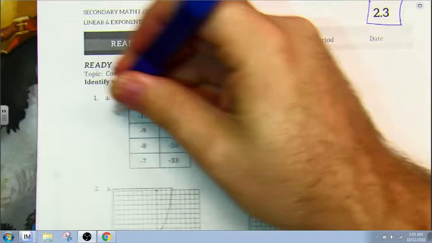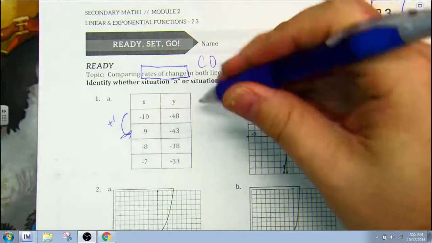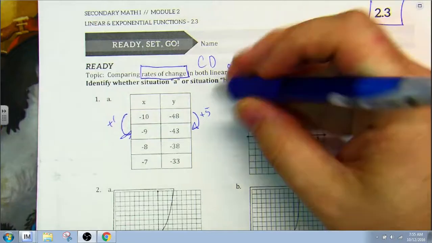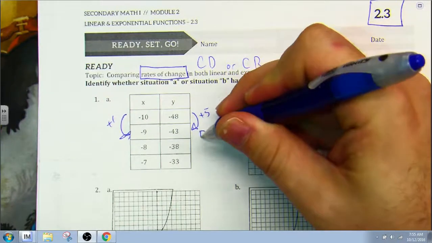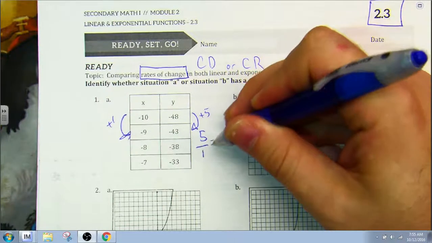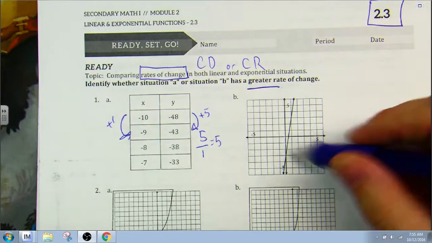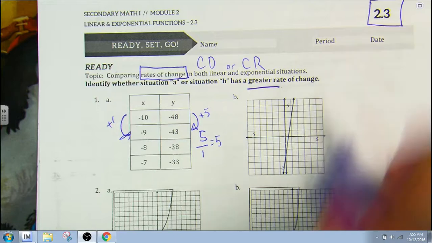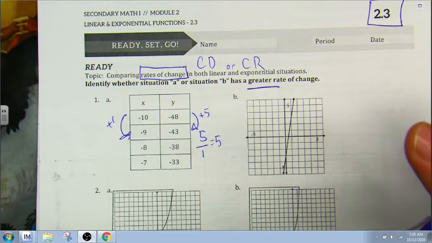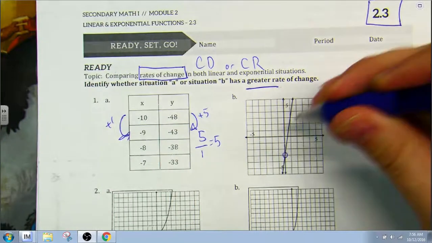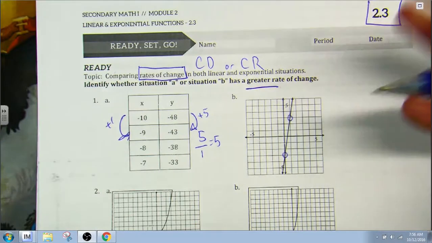What we see is when we go up 1 on the x, how much are we going up on the y? We're going up plus 5. So we would say that our rate of change for A is 5 over 1, or more simply, 5. We got to make that connection to what's going on with this graph, so I have to look to see where it crosses at the perfect crosshairs. So I see that it crosses here, and nowhere else.